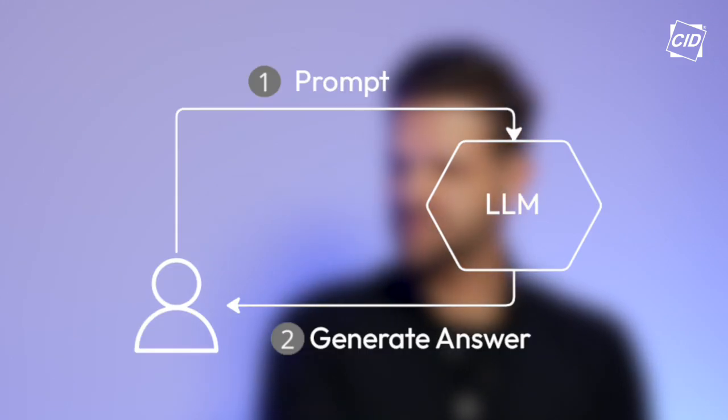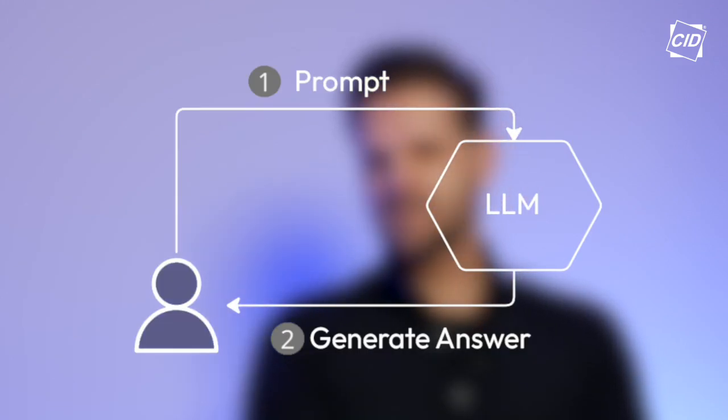Okay, so for those who are maybe not yet familiar with it, can you go a little bit into a description of what RAG is and how people should imagine this? Sure. So let's start with the very basic way you interact with the generative AI, like your ChatGPT.